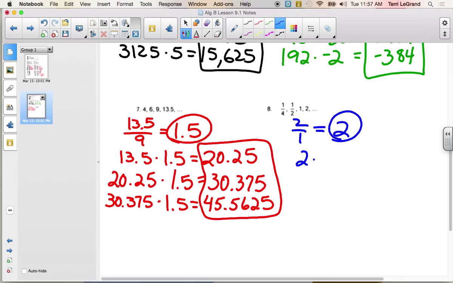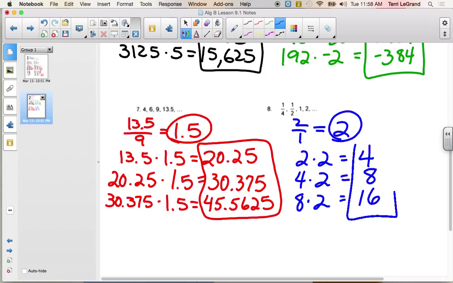Now we can go to work finding the next three terms. 2 times 2, our last term times the common ratio, 4. 4 times 2, 8. 8 times 2, 16. And I like our answers because it's growing.